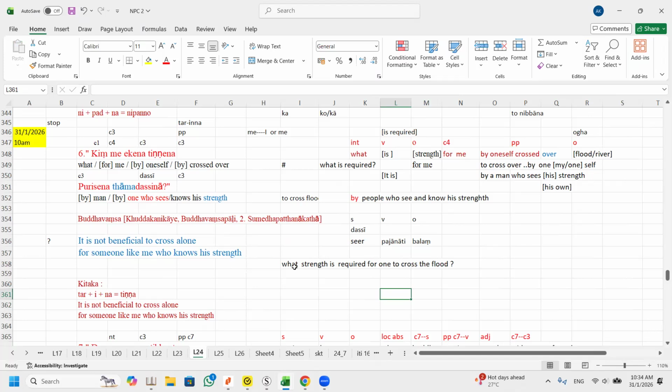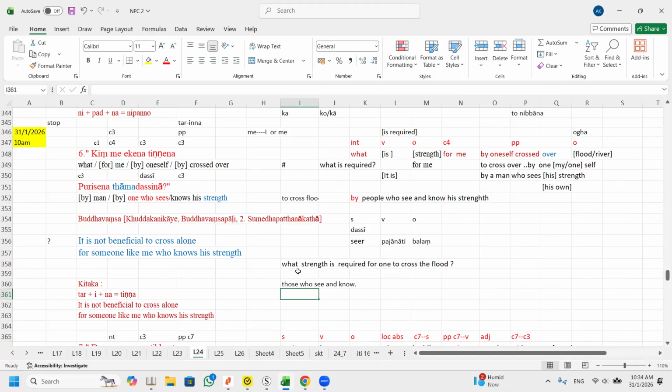Understand? And then after that, the answer here: this is the question, this is the answer. Those who see and know, this is the answer.